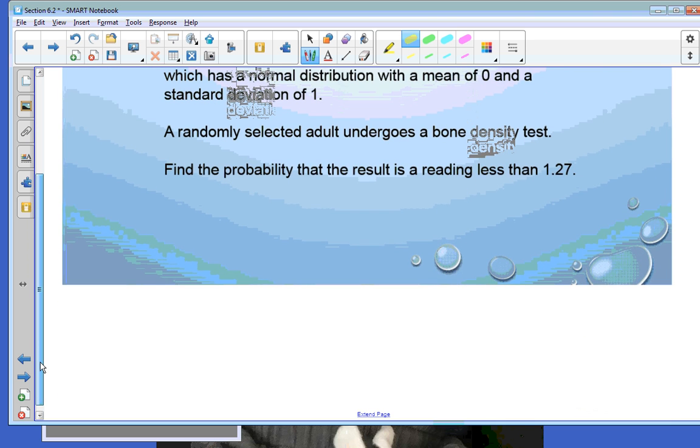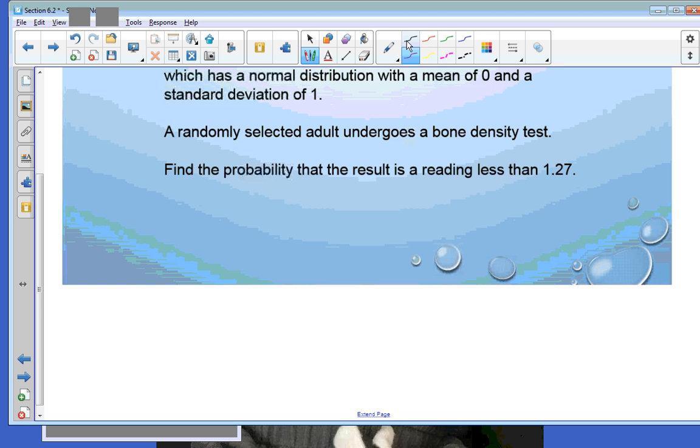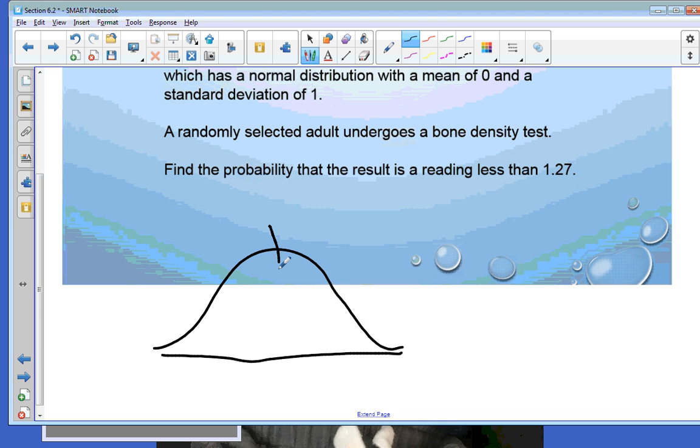So you're going to hear me say this a lot. Draw it, draw it, draw it. I'm going to sketch this graph of the normal curve. There's where my mu is of 0.